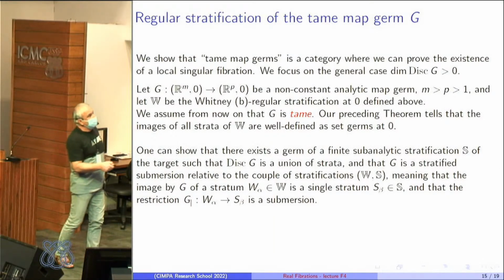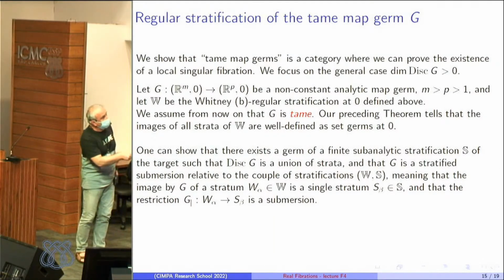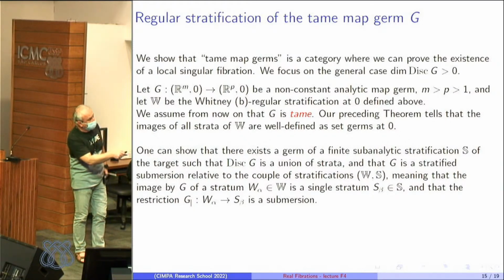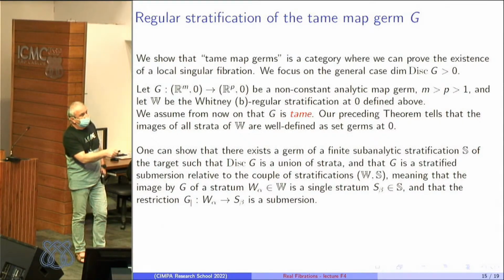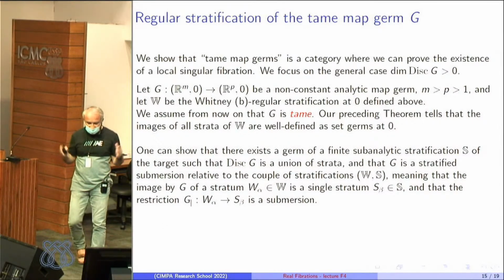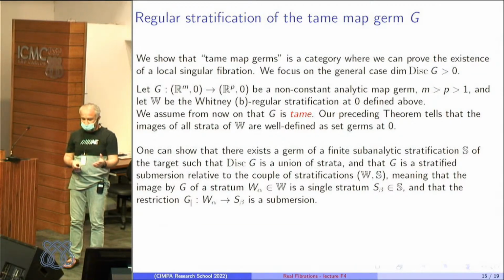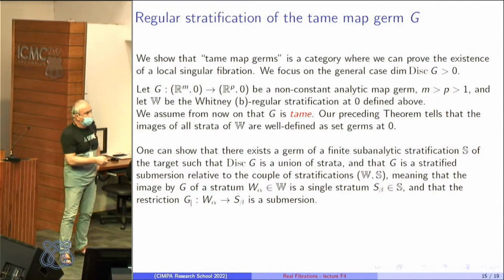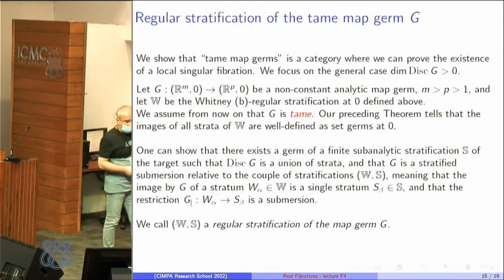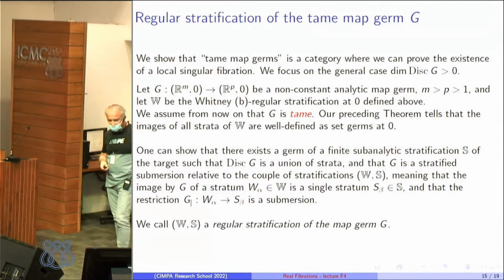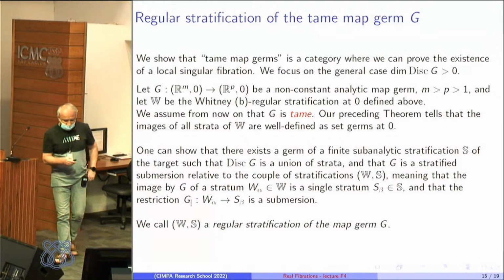That means that if you look at the restriction from a stratum W alpha in W to a stratum in S, this map is a submersion. So maybe it's not a submersion in general, but we can cut into pieces the source and the target, and we get submersion. And (W, S) is called the regular stratification of G.